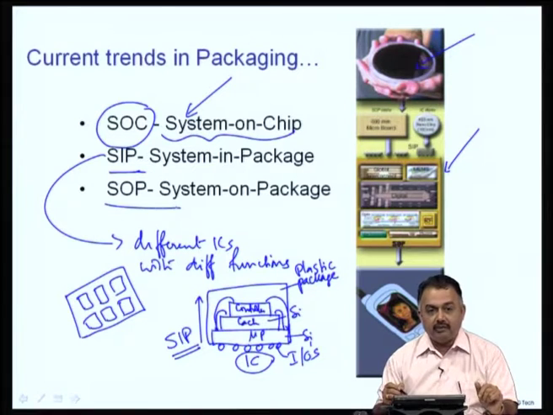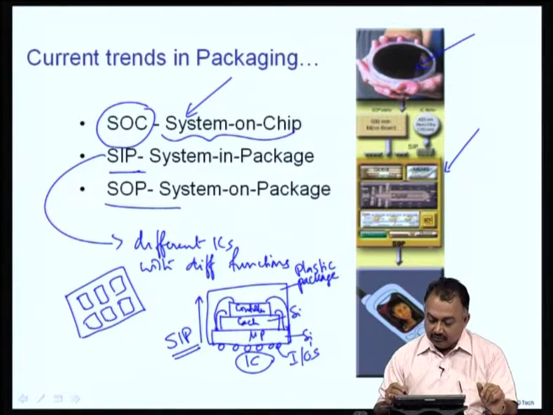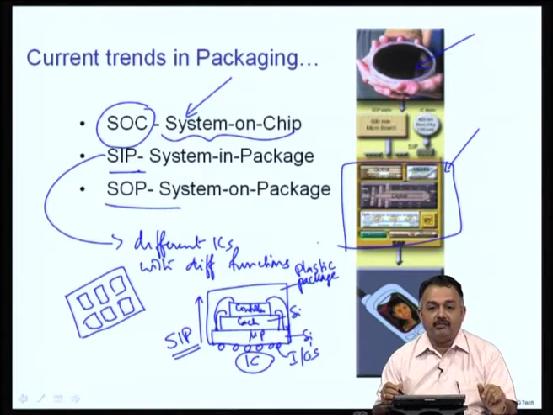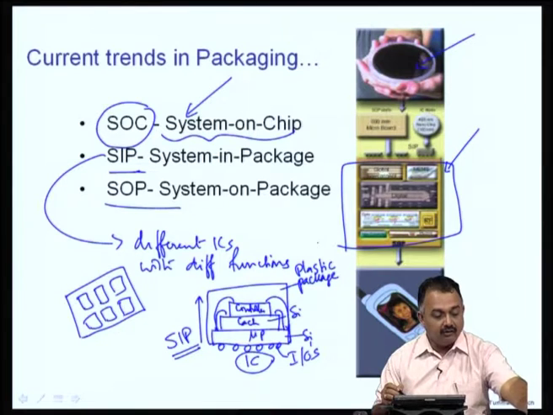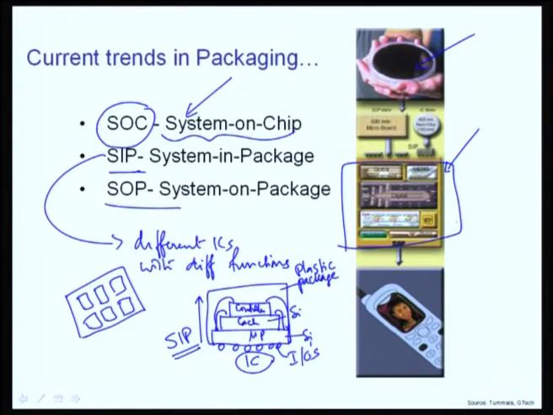The third term, system on package. By definition, if you look at this figure here, a system on package means you take a printed wiring board, that will be the substrate, an organic substrate can be the substrate for a system on package. Now, you can integrate your MEMS device, your optoelectronics device, your RF device. Okay.